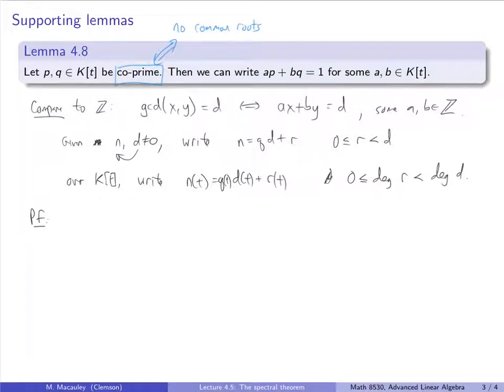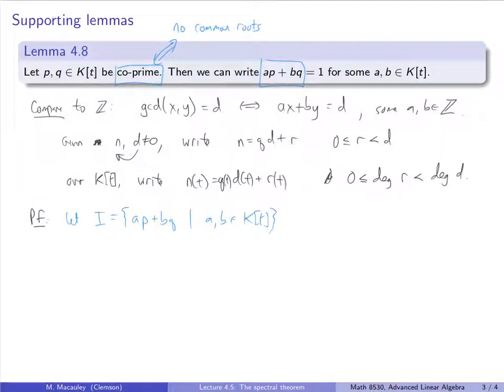This should remind you of what we did in the previous lecture, where I'm going to let I be the set of all things that I can write of this form, AP plus BQ, where A and B are polynomials over K. Now, all I need to show is that this contains 1.